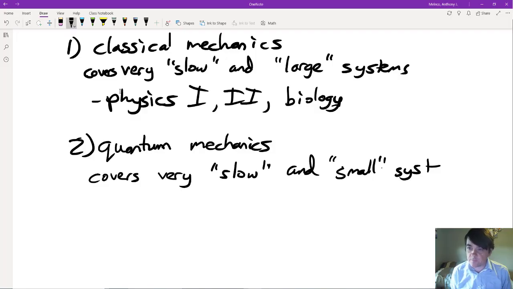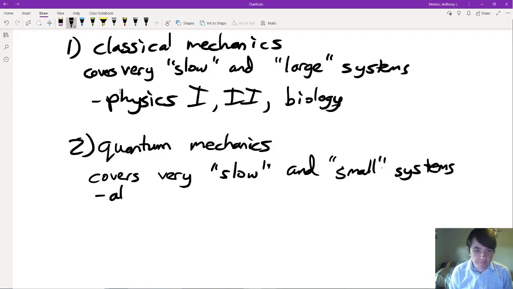Small systems. So these would be things on the atomic scale, and systems on the smaller scale.